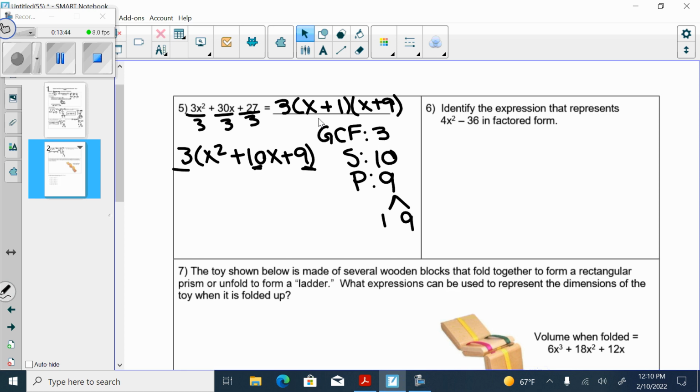All right, any GCF? What's the GCF? Good. All right, so I'm going to divide both of my numbers by 4. And what's that going to leave us with?